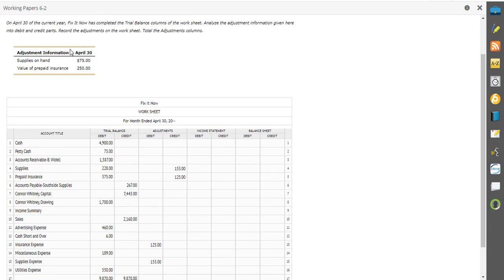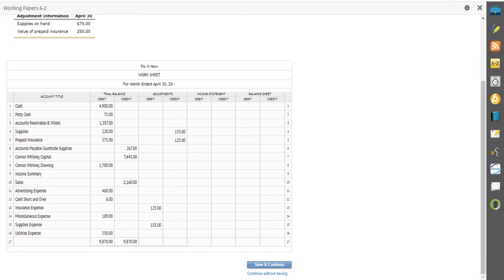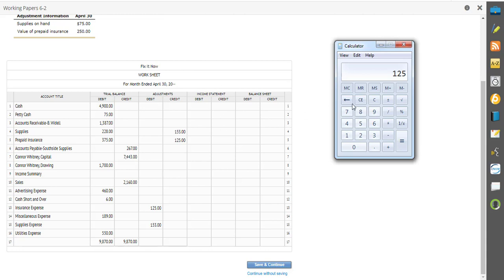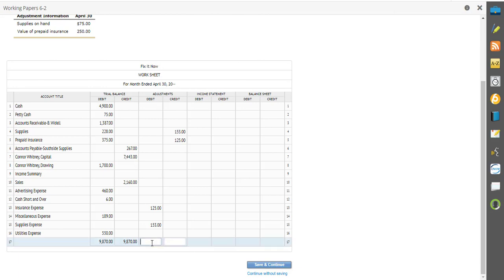So we are affecting these 2 accounts, supplies and prepaid insurance, but we have to calculate the amount of the adjustment. Now the next step is I'm going to take out my handy dandy little calculator and add up my debit column for my adjustments. I'm going to take 125 plus 153 and that gives me 278, and I'm going to plug that in here.